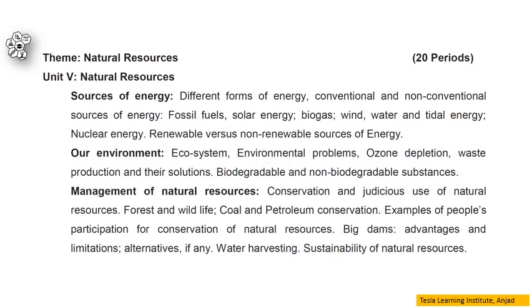Natural resources is a part of science which will be dealt along with biology. That is your unit 2nd, and your unit 5th is your part of biology. So we're going to discuss there. Basically they are very small chapters where you need basic knowledge about the sources of energy.